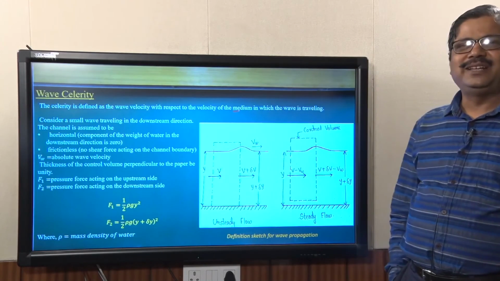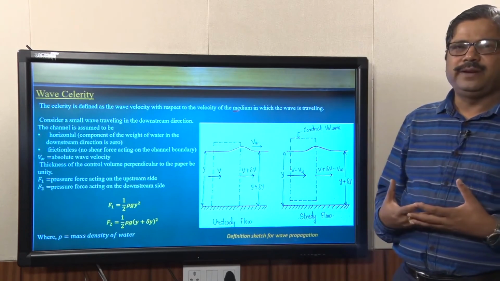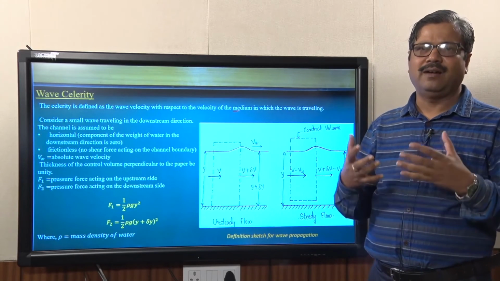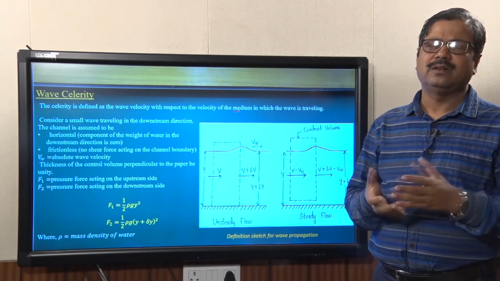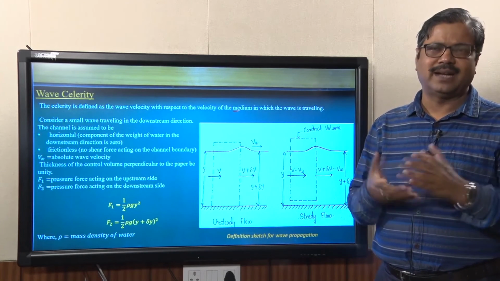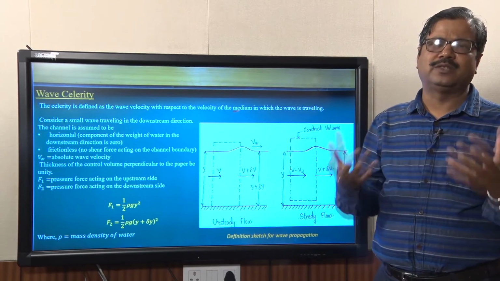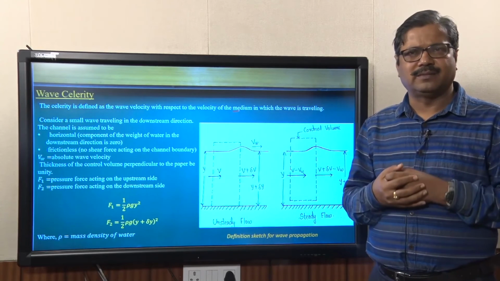Now let us discuss a very interesting concept. We know very basically that critical flow occurs when the gravity force is equal to the inertia force. That is the concept we know. But how can you know that there will be subcritical and supercritical flow in a river flow system?